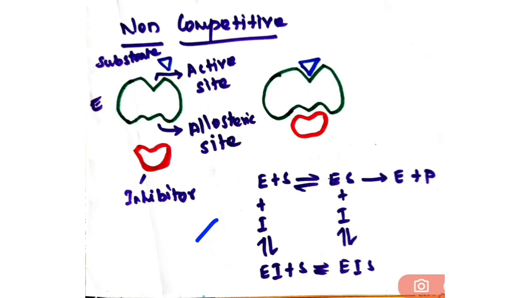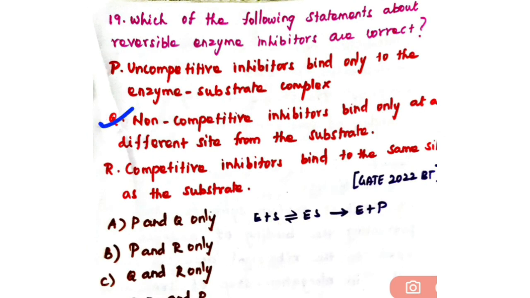Here inhibitors can bind with enzyme or it can bind with enzyme substrate complex, because your substrate has a site to bind with the enzyme, that is known as active site, and your inhibitor can go and bind with the enzyme at a site known as allosteric site. So the second statement is also correct, your non-competitive inhibitor binds at a different site from the substrate.